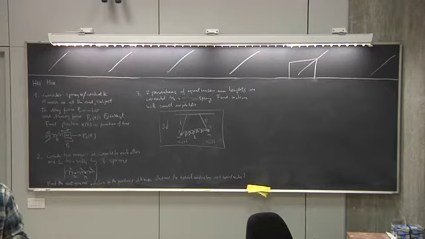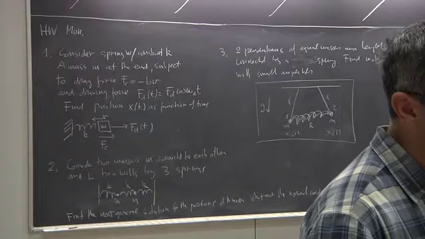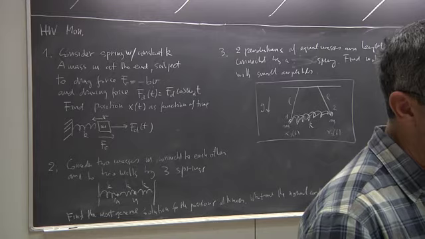It's the harmonic oscillator plus some perturbation. How can we make predictions for this system out of harmonic oscillators?